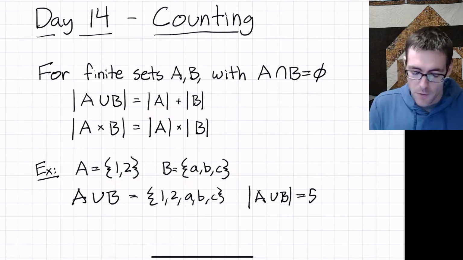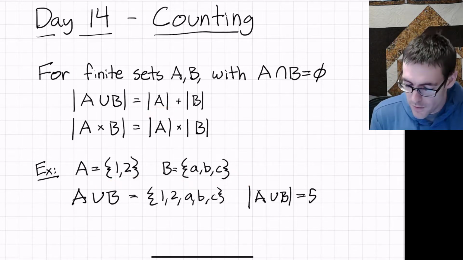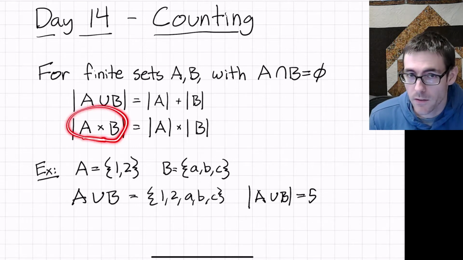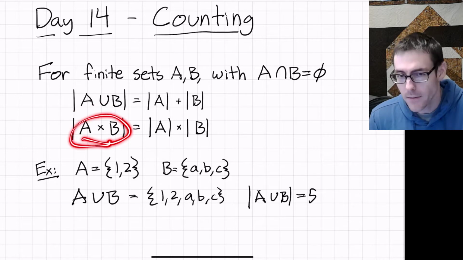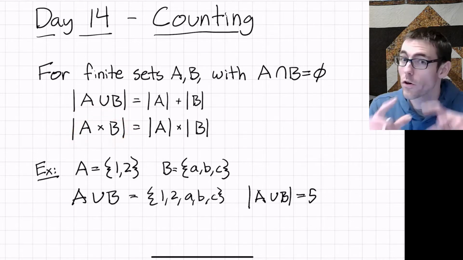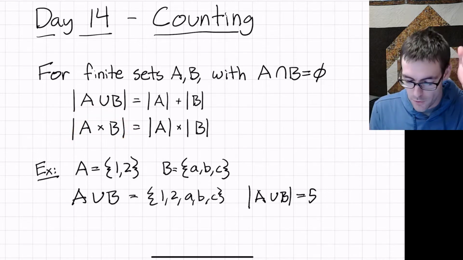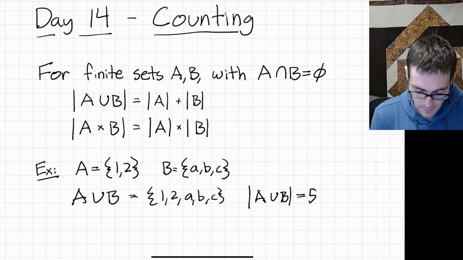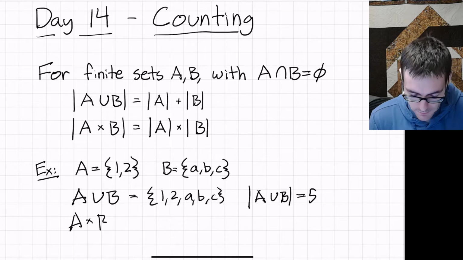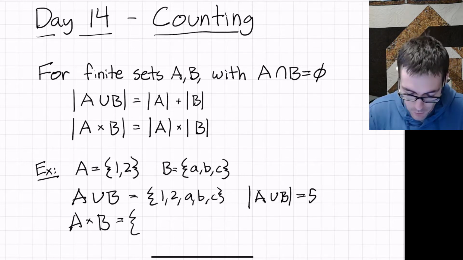This is contrasting the Cartesian product, A times B. Things in this set look like ordered pairs where the first element is something in A and the second element is something in B. So A cross B is the set of ordered pairs that have that property.